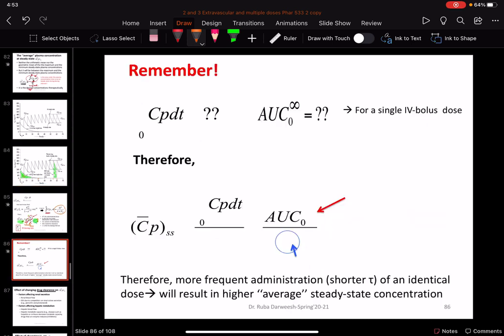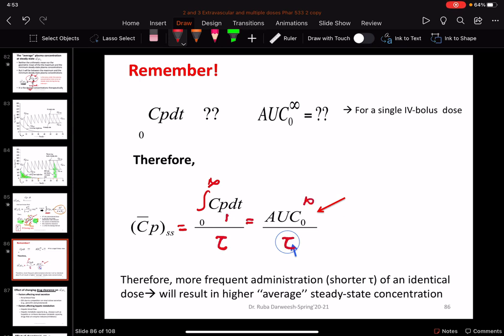And this is what we can find by using math, because average steady state concentration is equal to AUC 0 to infinity for a single dose over tau.